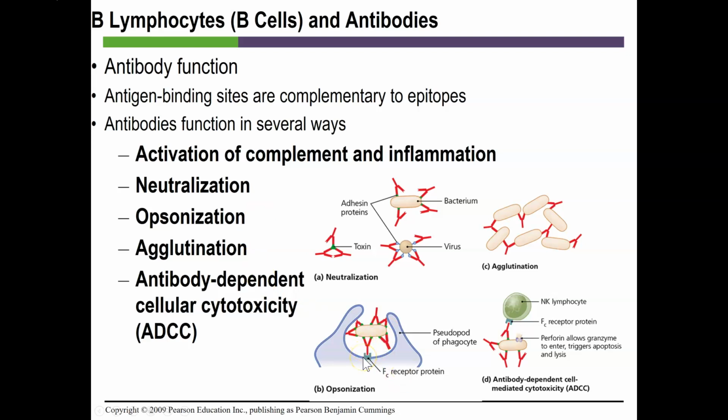Opsonization, if you recall from the earlier explanation, is binding or coating in order to enhance phagocytosis. If you see down here, we have that antibody-coated bacteria. Now notice we have a receptor that fits the tail end of an antibody on the surface of this phagocyte. The tail end of an antibody is called the Fc.